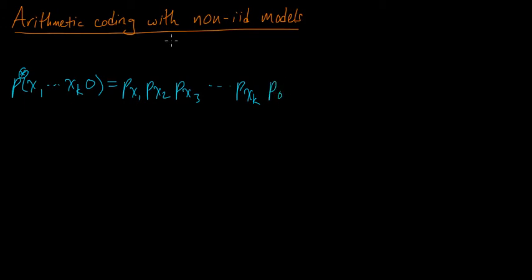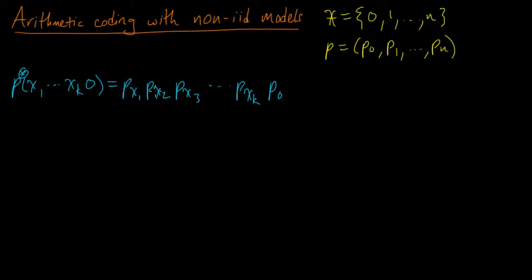Just as a reminder, we're always assuming that we have our source alphabet numbered 0, 1 up to n, and we have some probability mass function p on this source alphabet.